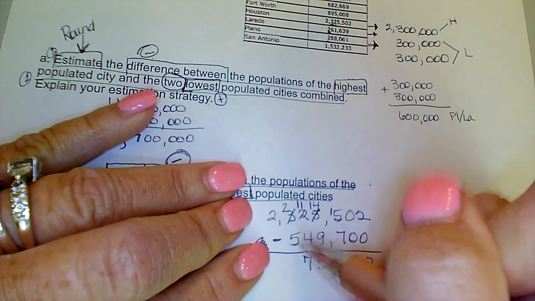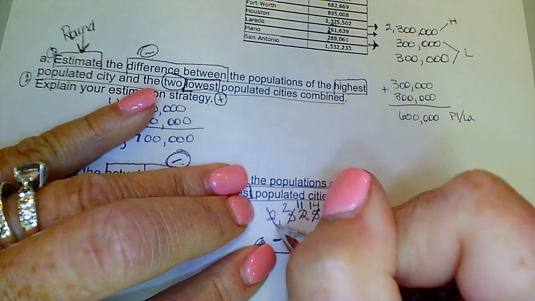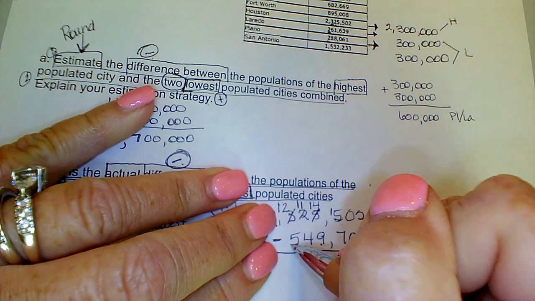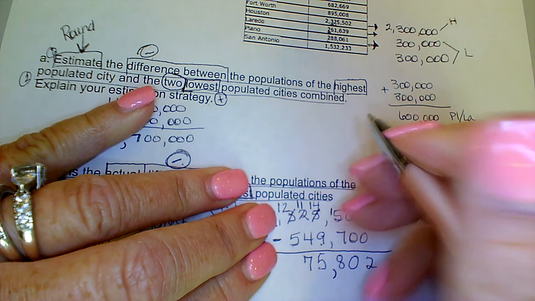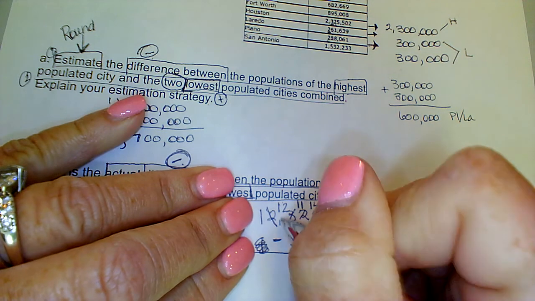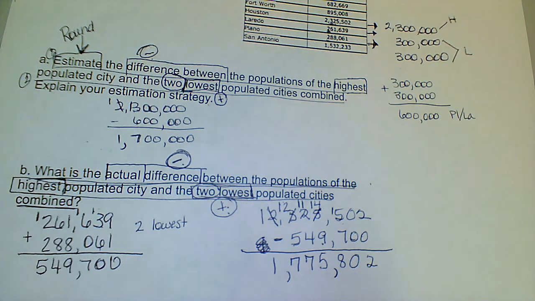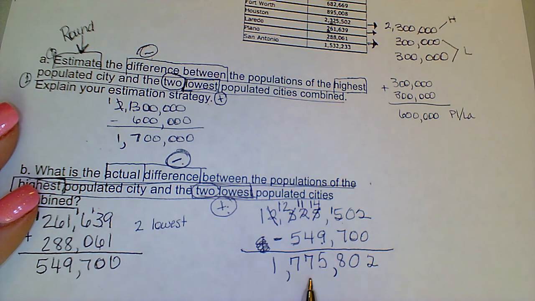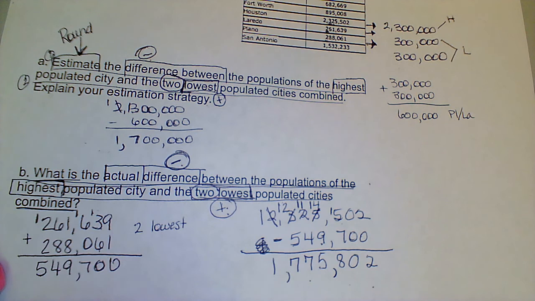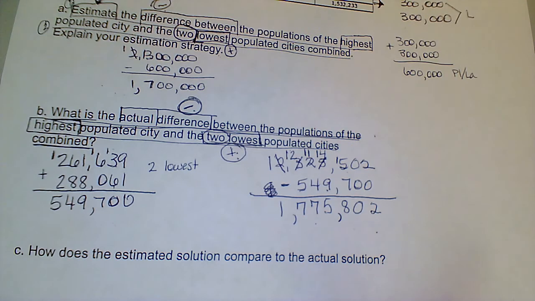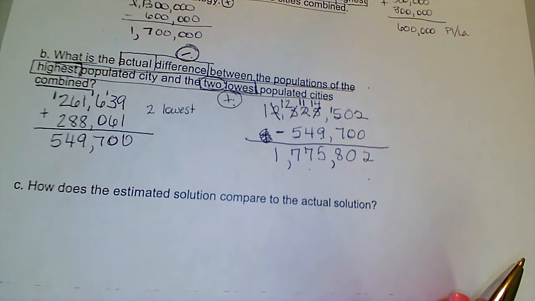How about 5 from 2? 5 to 12. And 1 has nothing to take away from, so we're going to bring that down. So our actual number is 1,775,802. How does that compare to our estimated total?